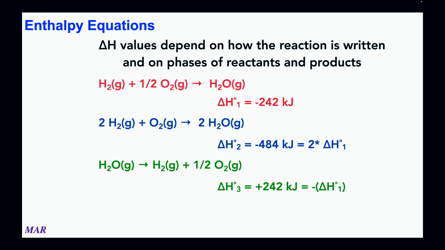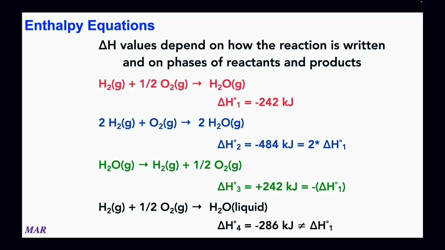So delta H3, the value of it is going to be the opposite sign of delta H1, because in delta H1 we had reactants going to products and water was being formed. In delta H3, the water gas is breaking down to H2 and 1/2 O2. So if you flip a reaction, you just change the sign. What was endothermic becomes exothermic. What was exothermic becomes endothermic, etc.